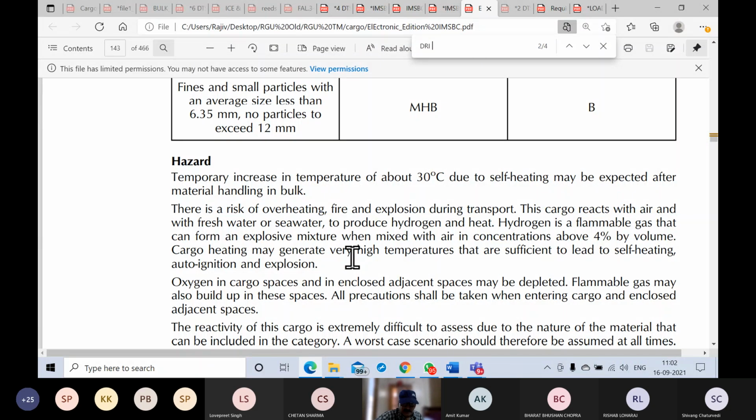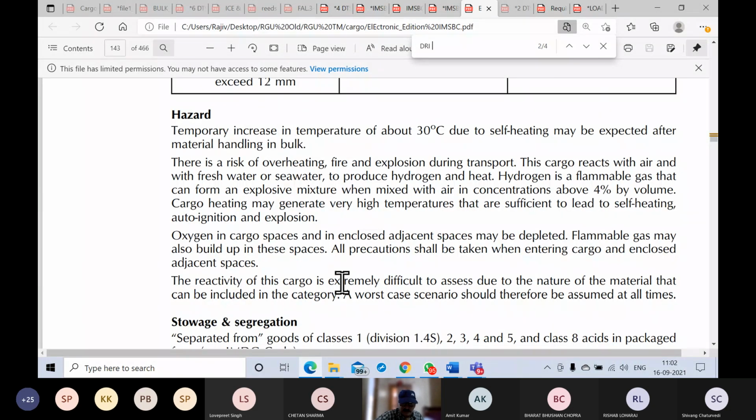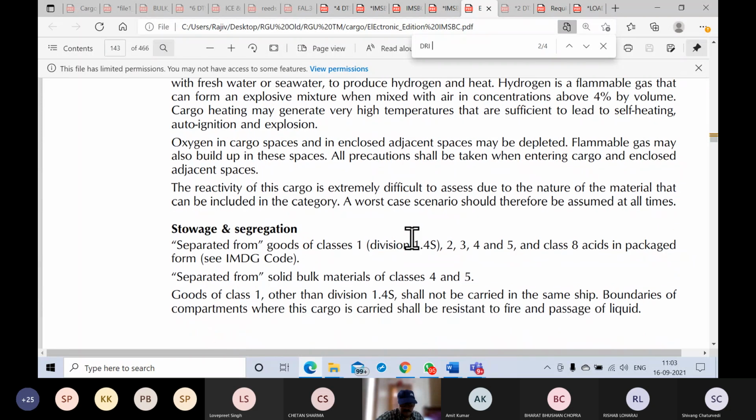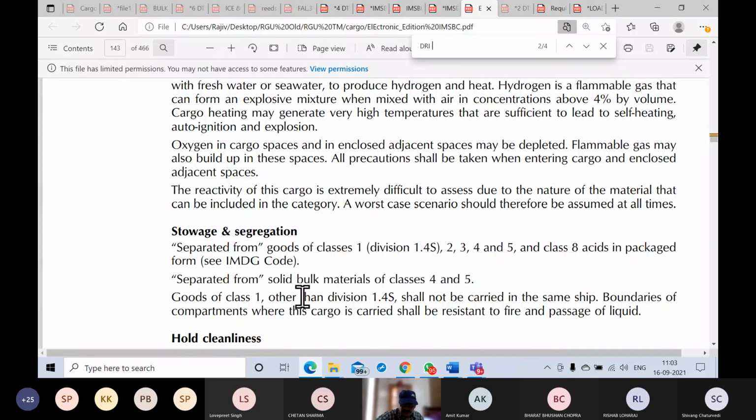And it has an affinity to oxygen, so you will have oxygen depletion zones. Oxygen could be depleted in the cargo space. We have talked about this when we did DRI.